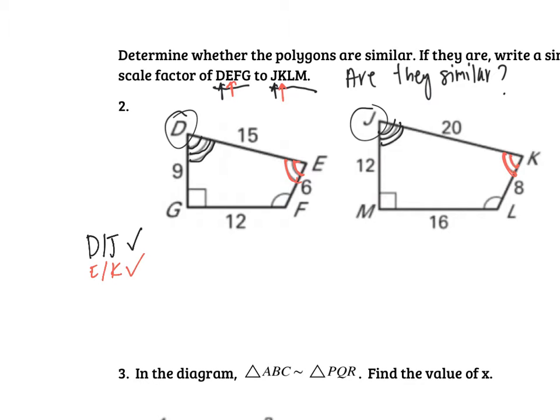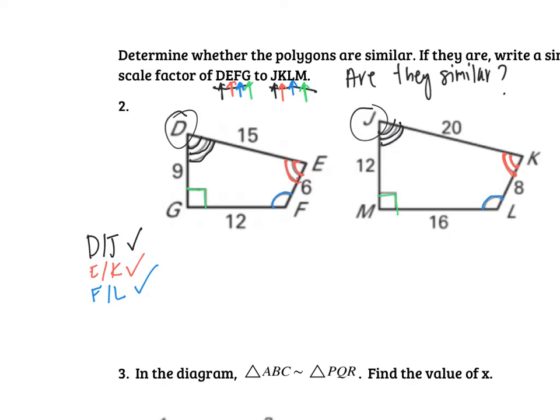Next, I'm going to look at the third angle listed, which are F and L. So F and L occupy the same position, and they both have 1 tick mark. So those are also the same. So F and L are good. And the last one I need to look at is G and M. If you notice, G and M both occupy the last position of their names, and they're in the same spot in the picture.